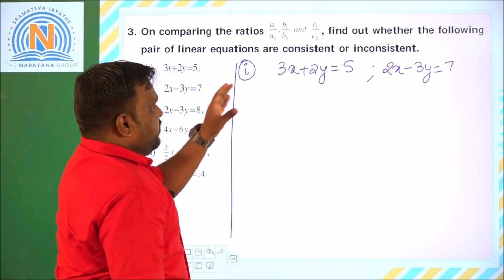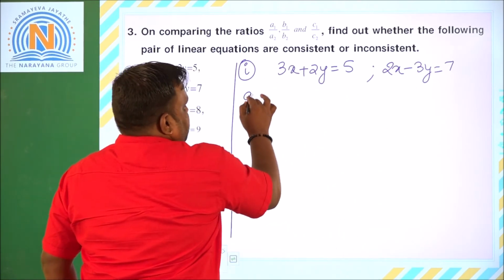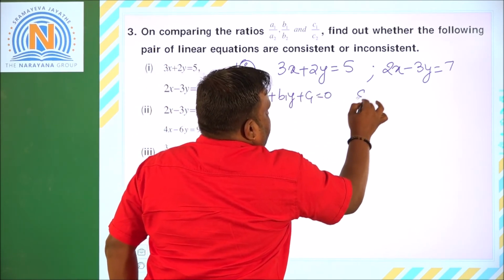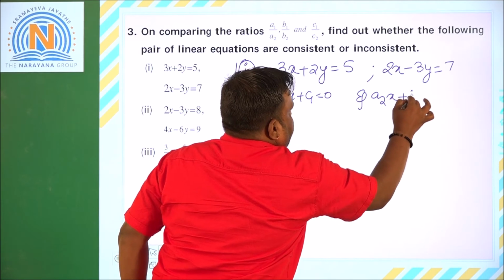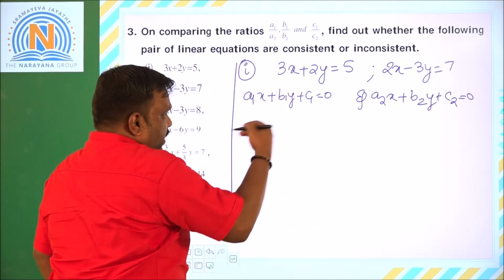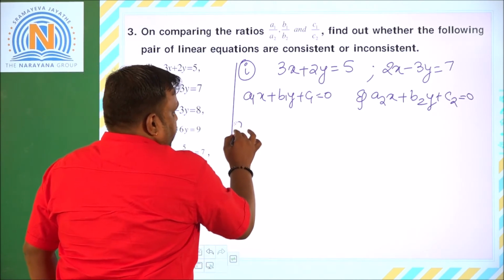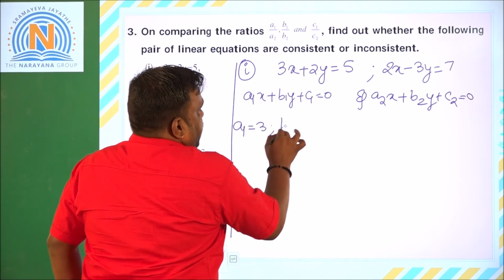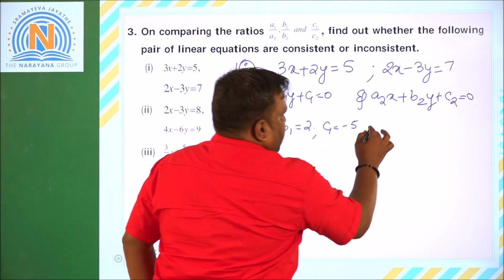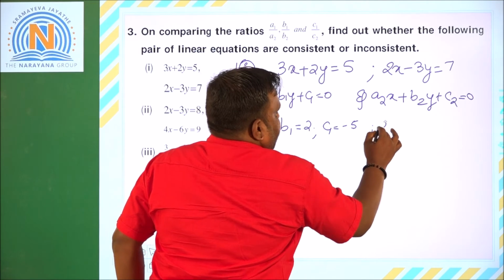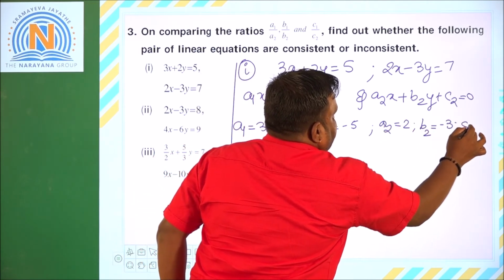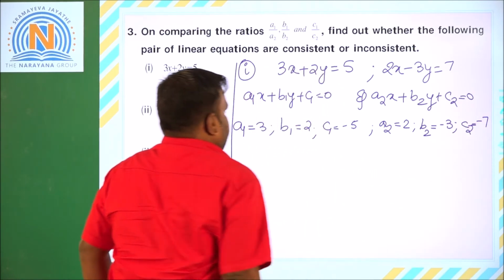Now on comparing these equations with a1x + b1y + c1 = 0 and a2x + b2y + c2 = 0, in this pattern we are going to get a1 = 3, b1 = 2, c1 = -5, and similarly for the second, a2 = 2, b2 = -3, and c2 = -7.